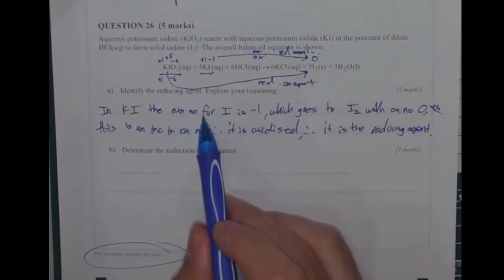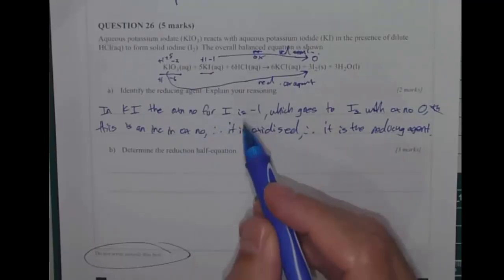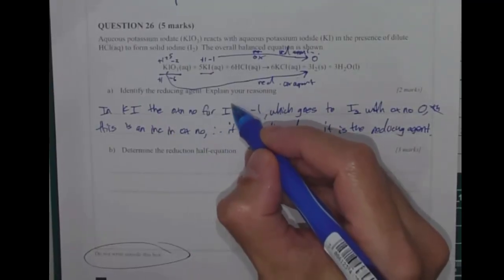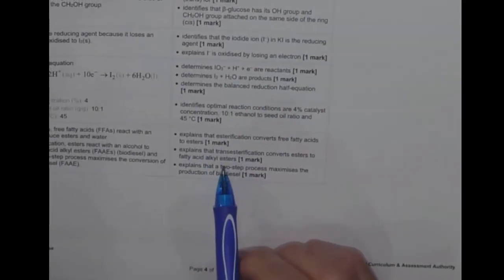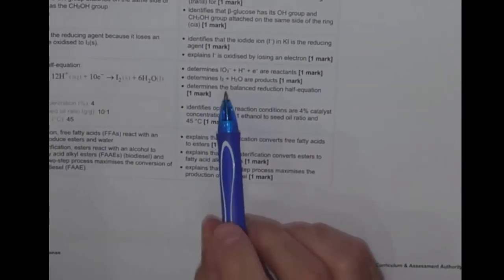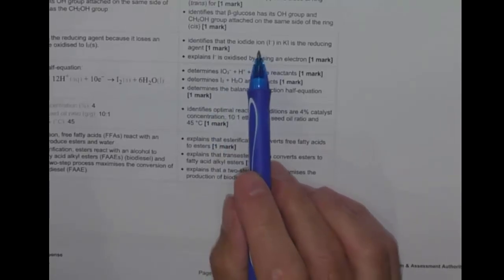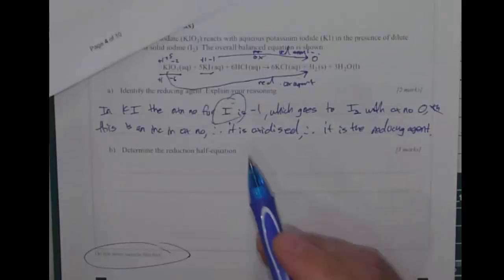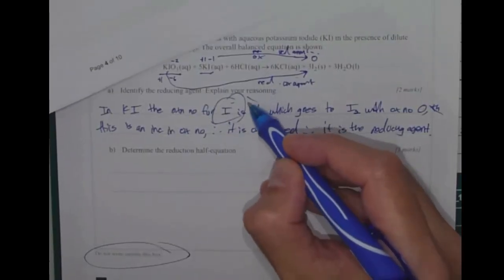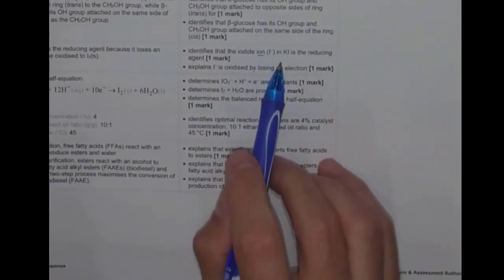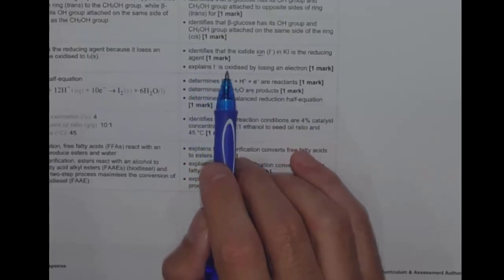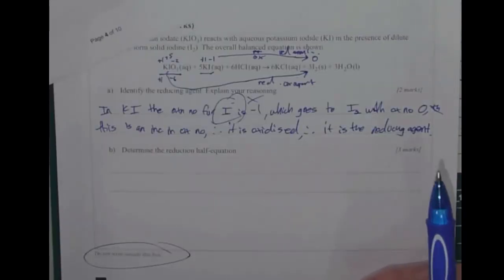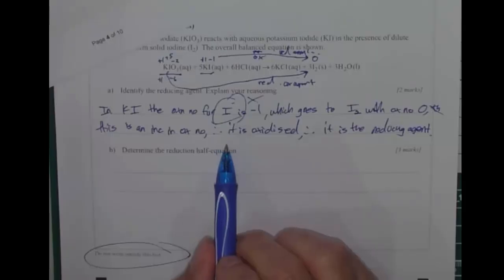I didn't write I-. That's a sticky note. I would say you get that wrong. And if I was iodide, it's in brackets though, but I didn't say iodide ion. Ouch. Yeah. Explains I is oxidized by losing an electron.